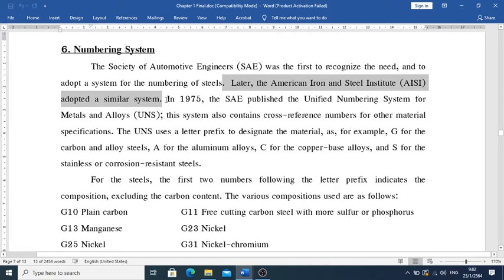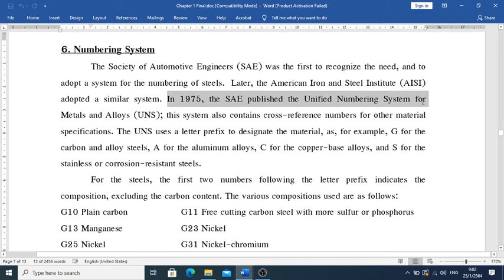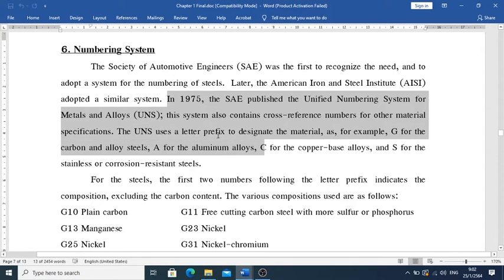Then in 1975, SAE published the UNS, or Unified Numbering System for Metals and Alloys. This system also contains cross reference numbers to other material specifications. But of course, the UNS is not as popular as AISI and SAE respectively.